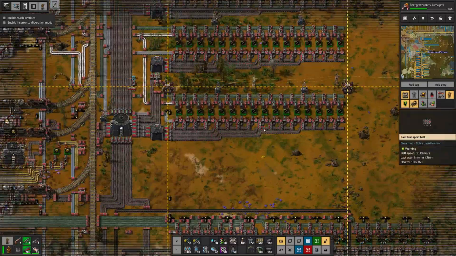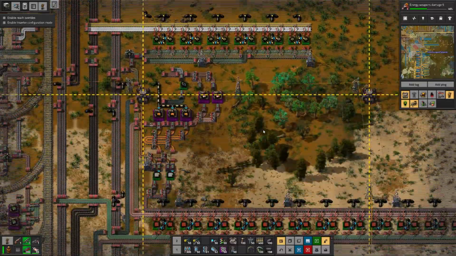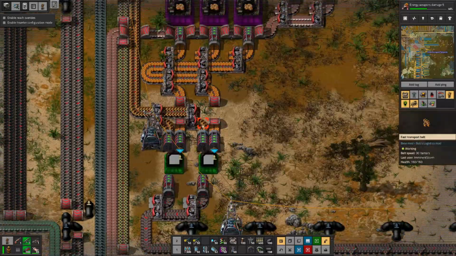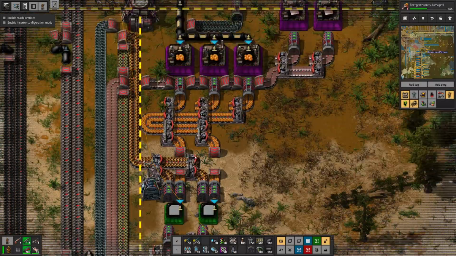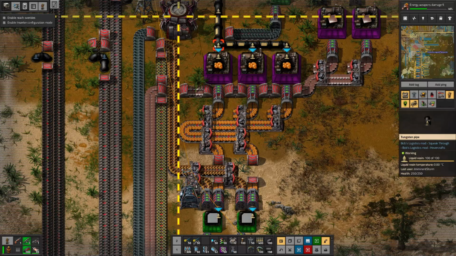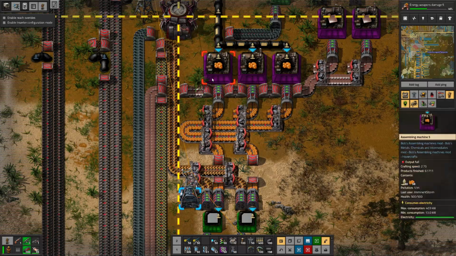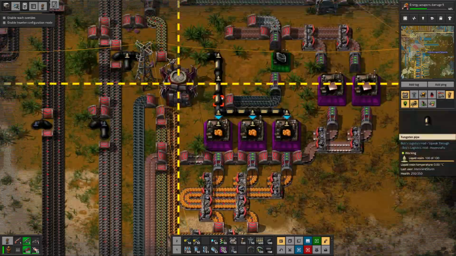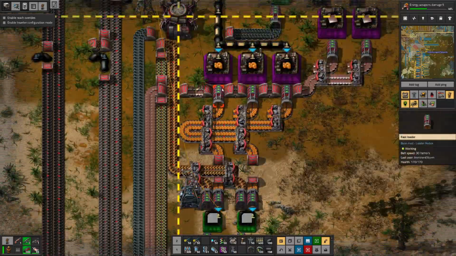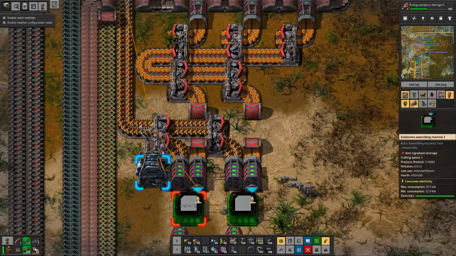Where we're going to run into a problem is here. Fortunately, though, what we're doing is we're taking liquid resin, we're turning it into solid resin, and we're feeding it in here. So this whole process is no longer necessary. We can just route this pipe straight in. So we can get rid of this.